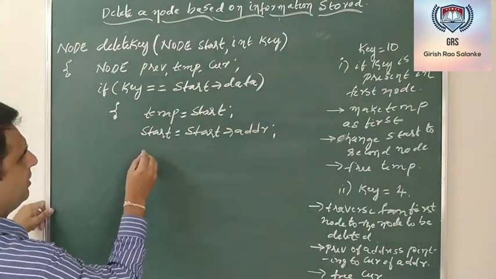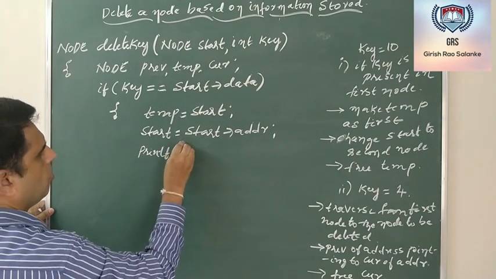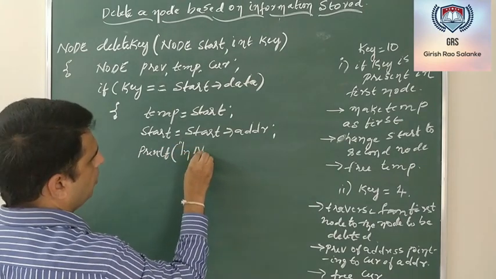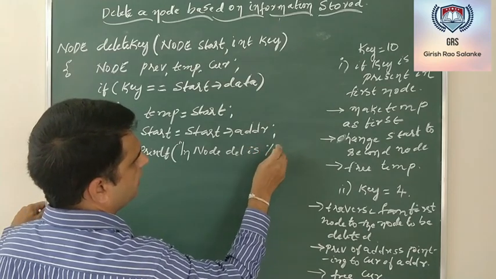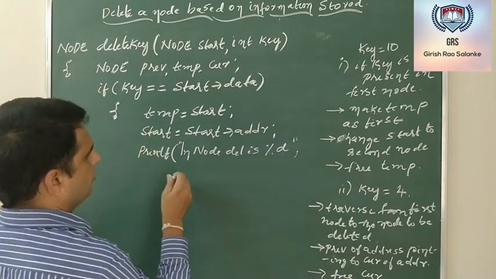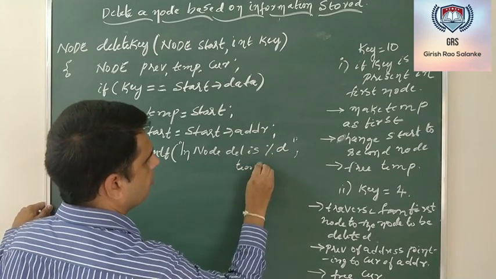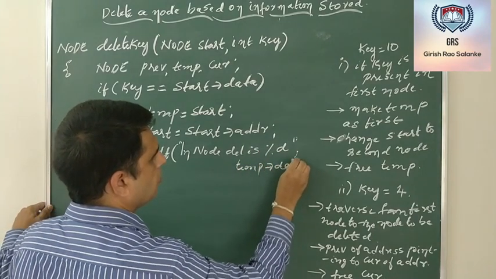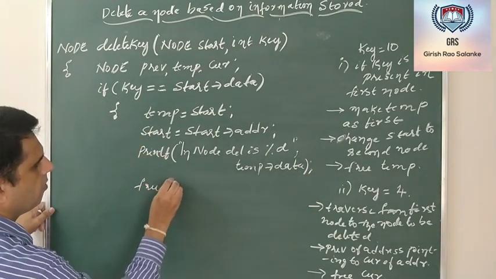Just have a printf: node deleted is %d, which is nothing but temp of data. Free of temp.